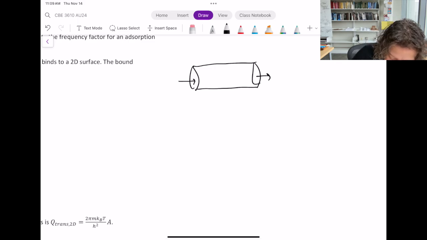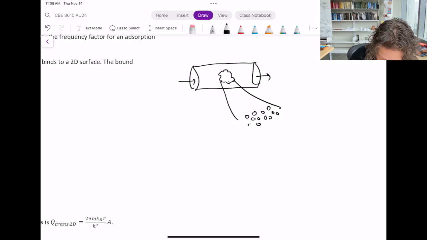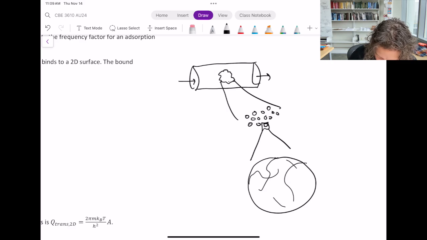But if we took just a piece of that and we blew it up, we have catalyst pellets within there. And if we took one of those catalyst pellets and blew that up, we have this porous thing.